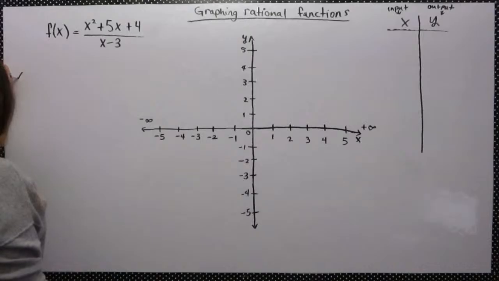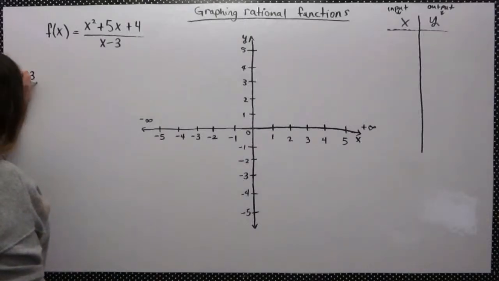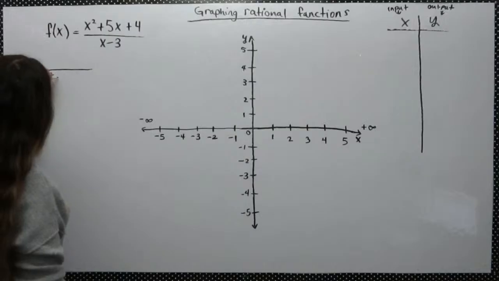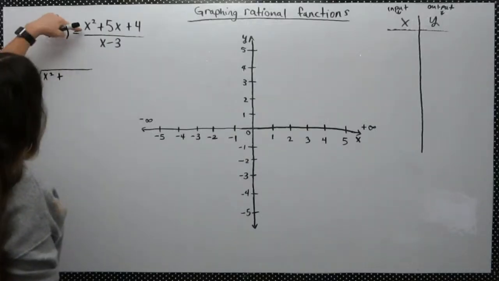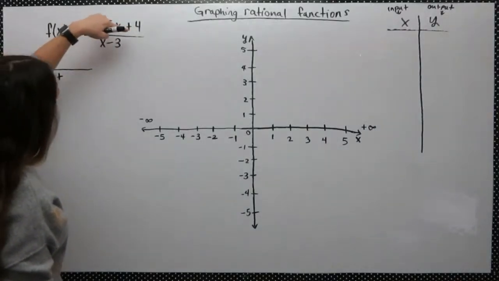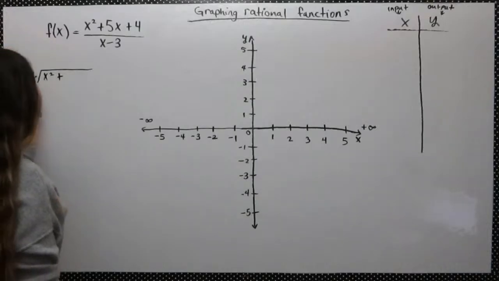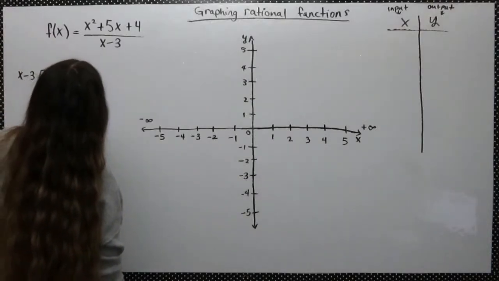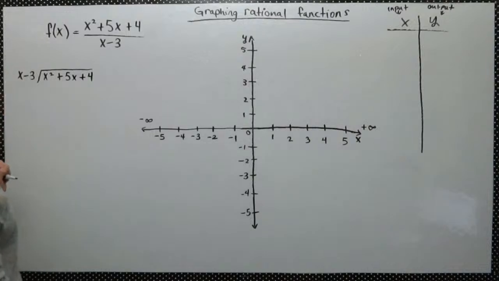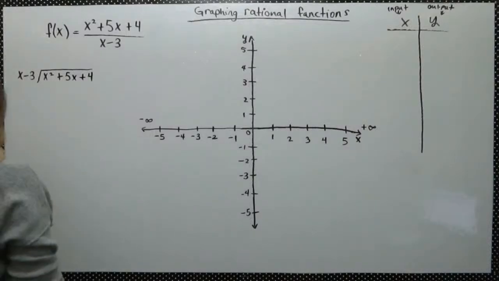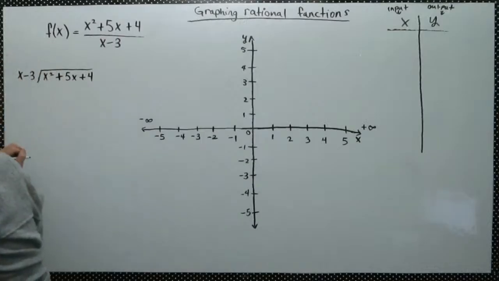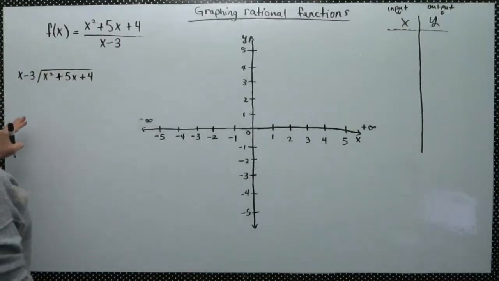We're going to divide x squared plus 5x plus 4 by x minus 3. And these videos are really holding me accountable, and I have to be very careful about what I say because I've gotten lazy and I don't want to say things backwards and say things wrong.